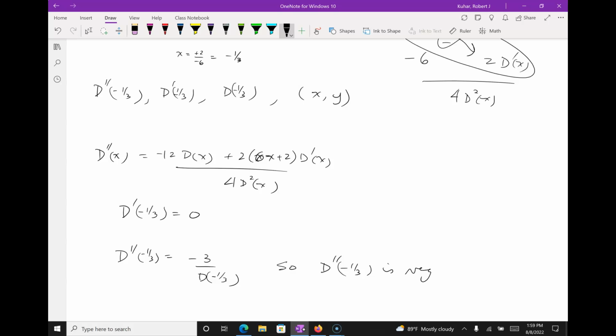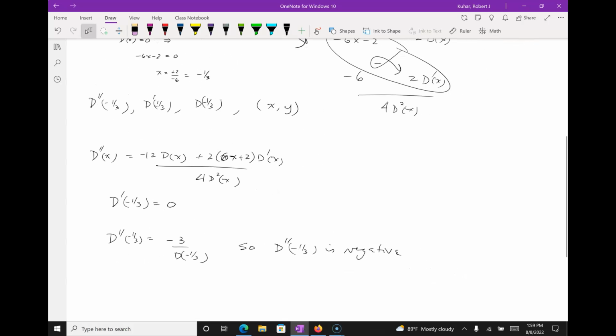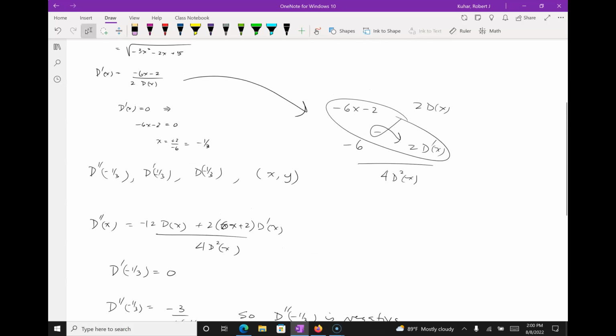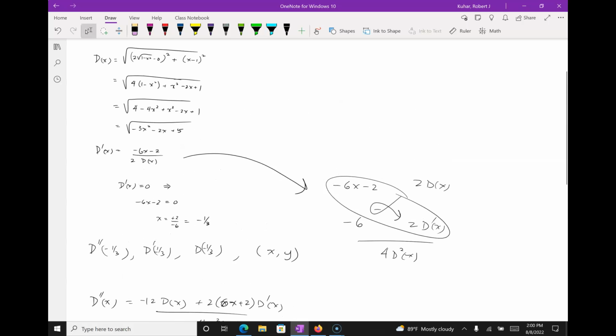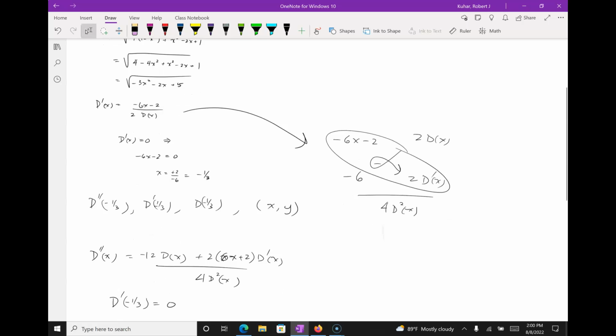And negative people frown, right? So if I'm looking at that frowning face, I know I'm talking about a maximum distance. Yep.